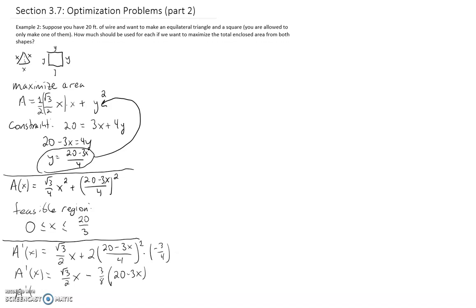That simplifies to the square root of 3 divided by 2 times x minus 15 over 2 plus 9x over 8. Again, we combine like terms and find common denominators for the x's, and we get 4 square root of 3 plus 9 divided by 8. This is the coefficient of x, minus 15 over 2.